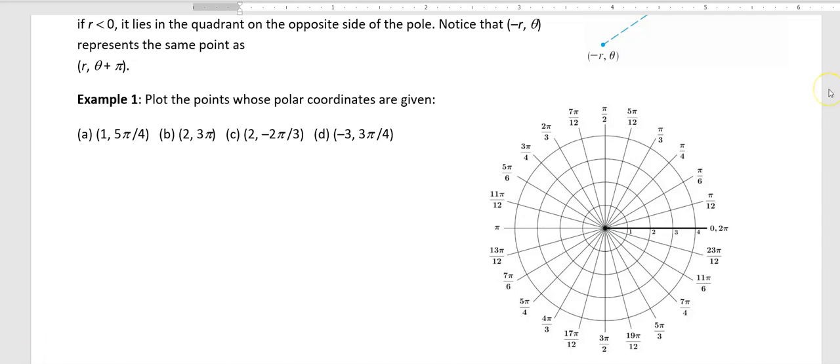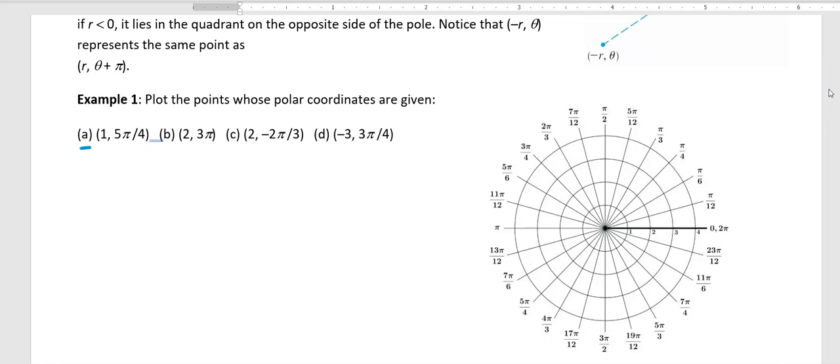Notice that for the first point, A, we have a radius of 1. If you look at the polar axis, it's labeled with how far the radius would be. So there's a 1, 2, 3, and 4, and each distance represents a different radius, or r. So 1 would be the first circle all the way around, 2 would be the second circle all the way around, and so forth.